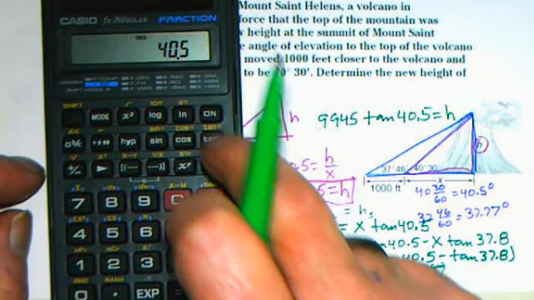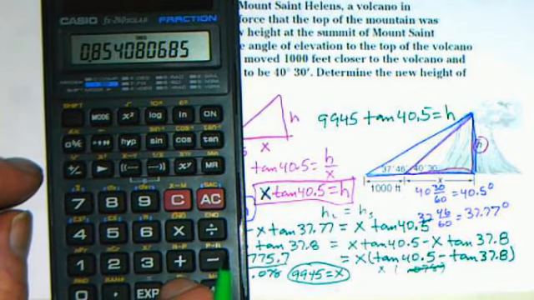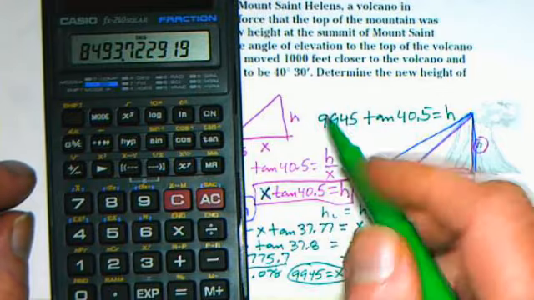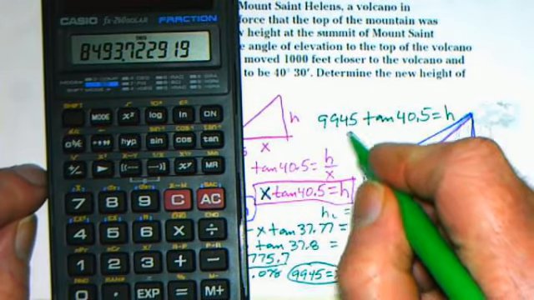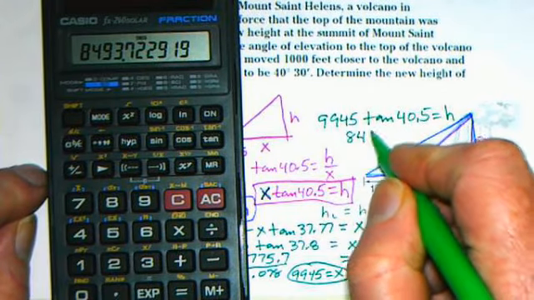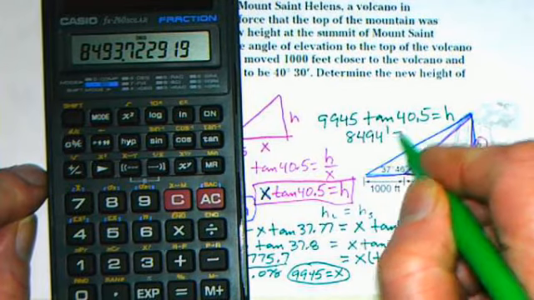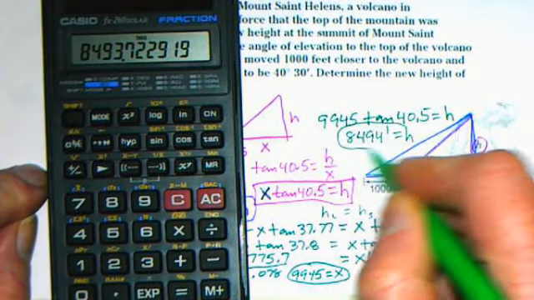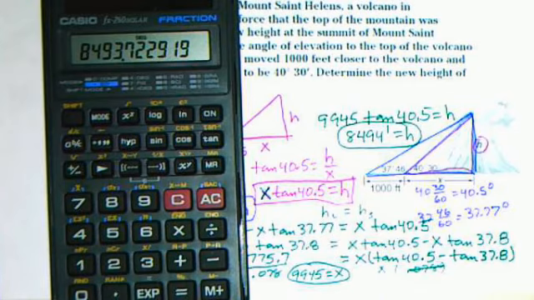The tangent of that equals 8493.7, or 8494 feet equals the height. And that's how we find the height.